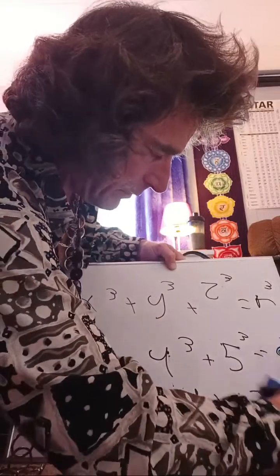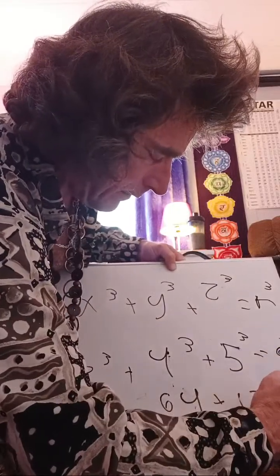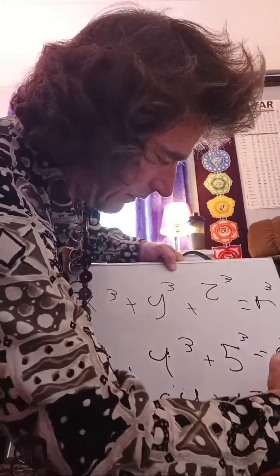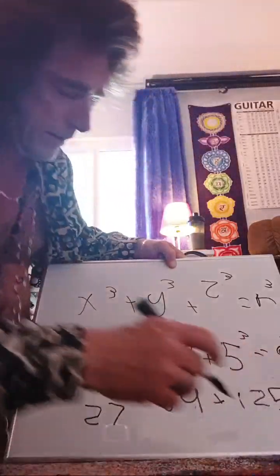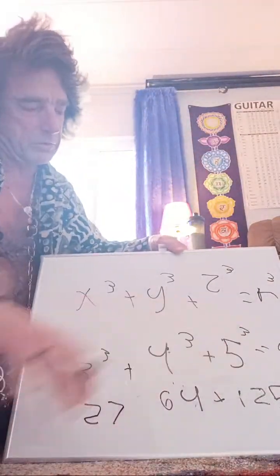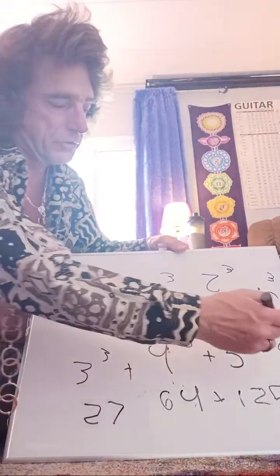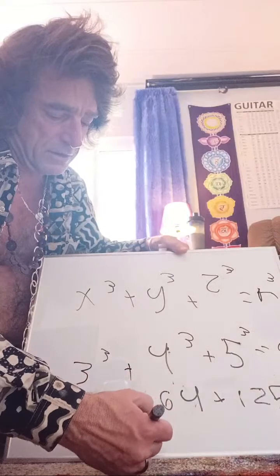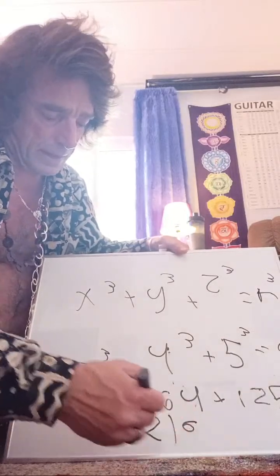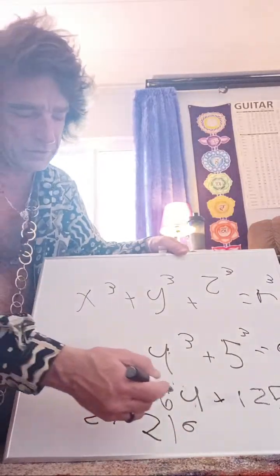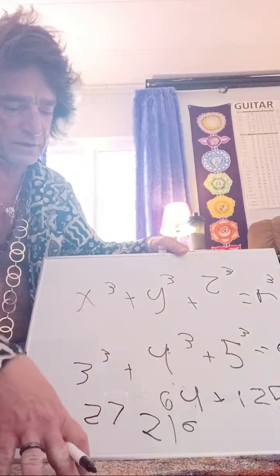There we go. 27 plus 64 plus 125, what does that equal? Well, it turns out 6 cubed is 216. And sure enough, 27 plus 64 plus 125 is 216.